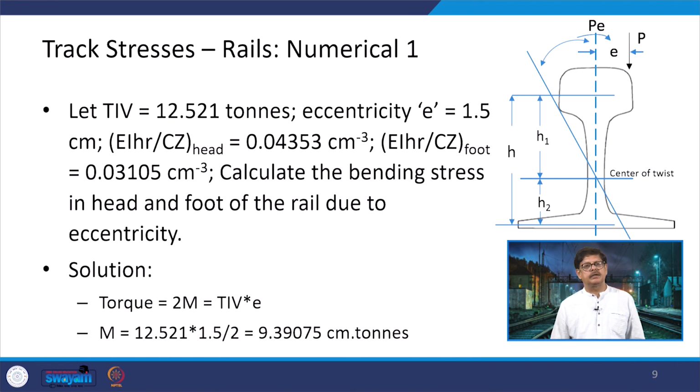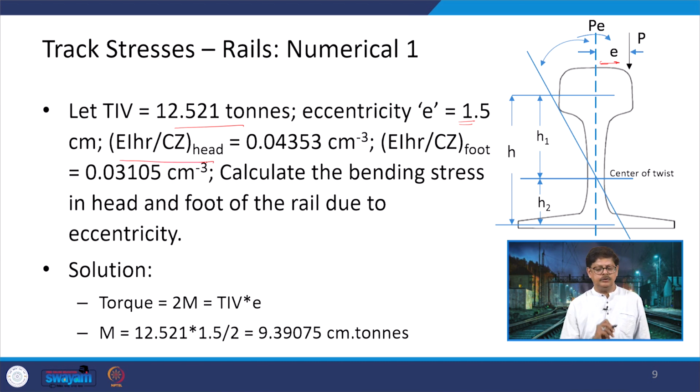Now, let us look at one numerical. Say the TIV is already given to you, you need not calculate it. We have calculated it previously using the speed factor, and all those calculations were done for the previous numerical in the previous lecture. Eccentricity is given as 1.5 centimeters, at which the load is acting.